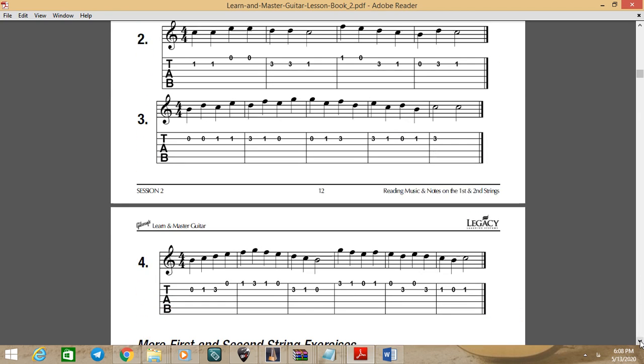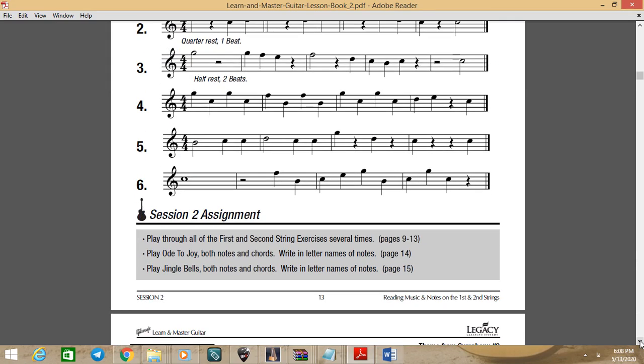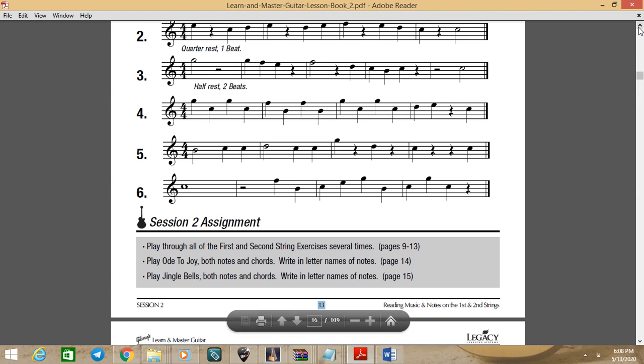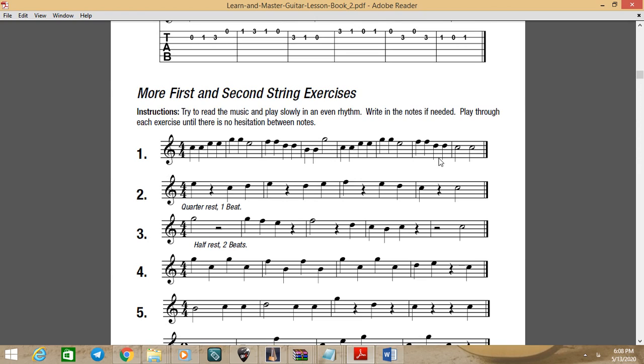Now try to do these three kinds of exercises from the first up to the end of page 13. And for the next session, try all of them, but read and record these exercises that I tell you.